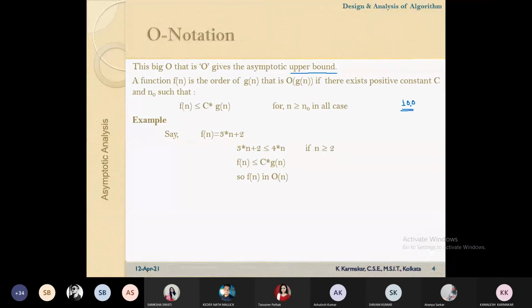Some student may get 100 out of 100, but the rest of the students will always get less than this value. So 100 is basically the upper limit. Similarly, 0 is the lower limit. If a function is given and n is changing, we can determine the ceiling value, meaning the maximum value.